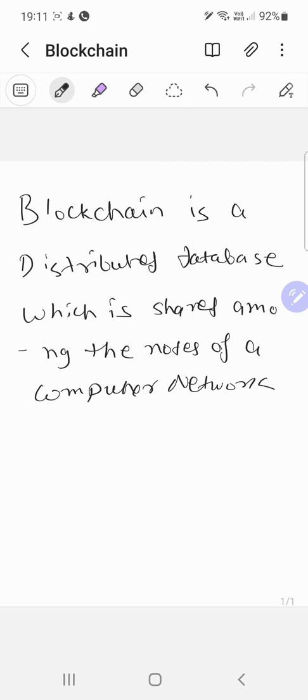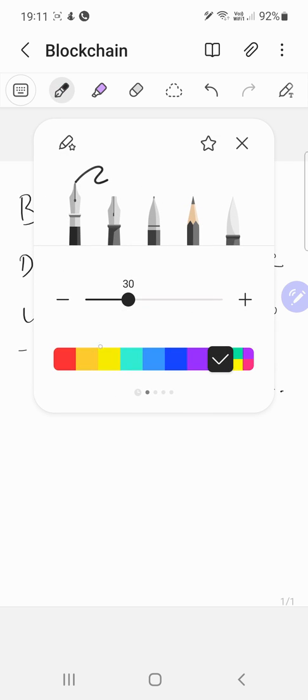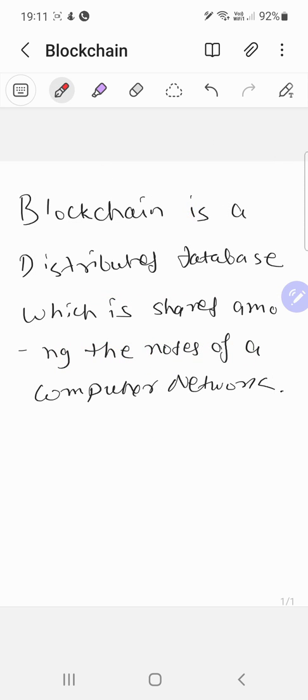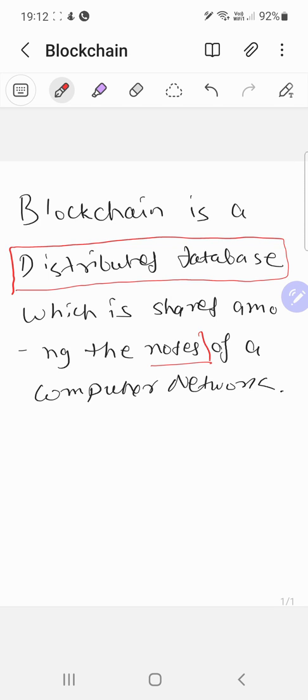Okay, so there are multiple key terms that we need to understand before we can actually grasp this concept of blockchain. Let me highlight the important concepts from this definition. The first concept is distributed database, and the second concept is nodes.